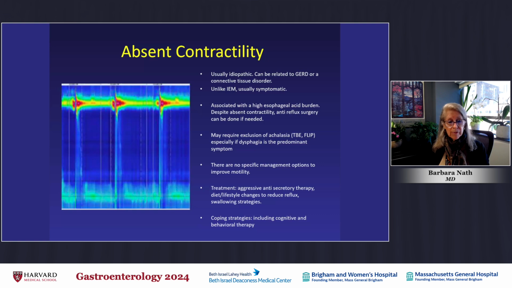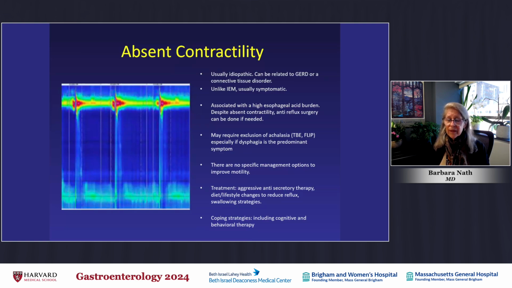Sometimes in patients who have absent motility and a normal IRP by motility testing, if there's a concern about achalasia, and that can be a real concern, they would have to have either a timed barium esophagram or a FLIP. And the FLIP can be abnormal.